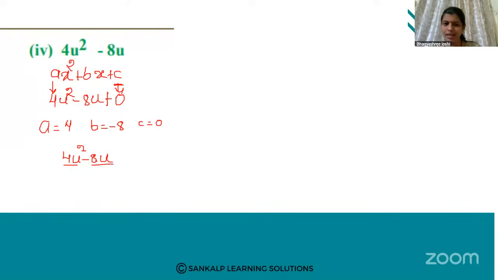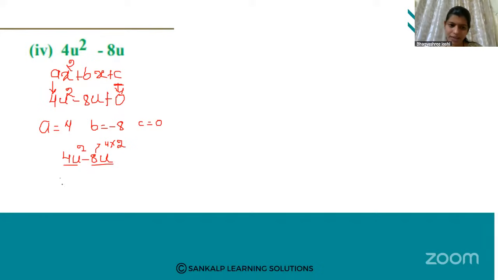Here 4 is there, here 8 is there. 8 can be written as 4 into 2, right? 4 is common. Only 4 is common? No. u is also common. Why? Here u square is there and here u is there. So u is also common.